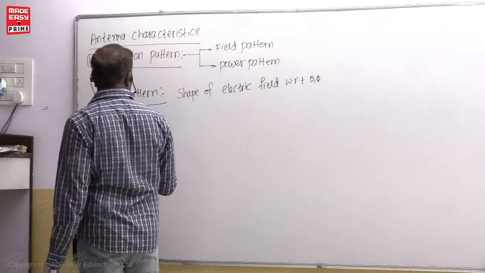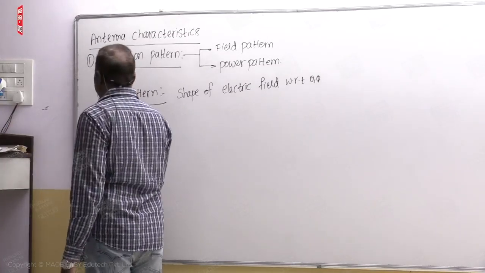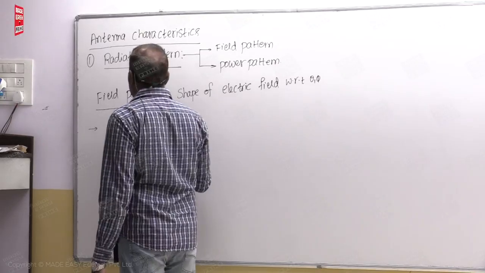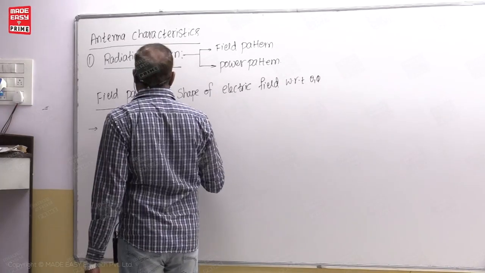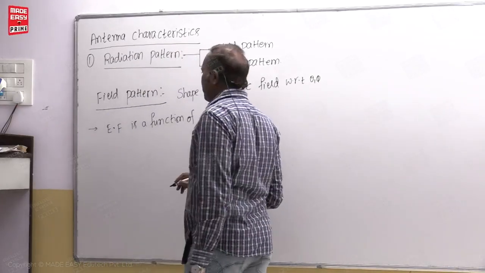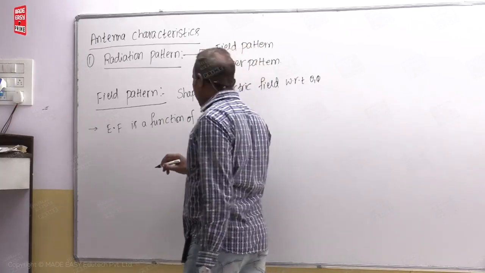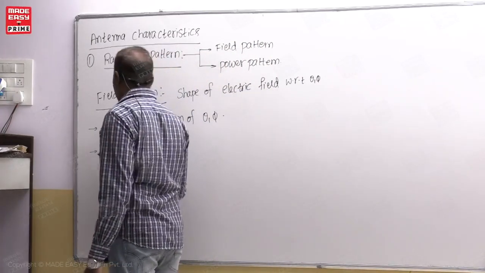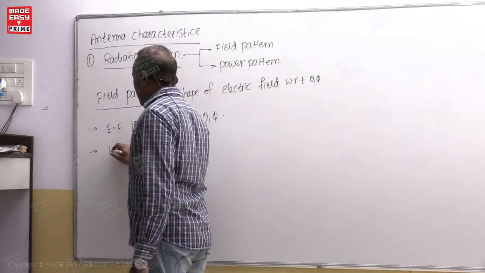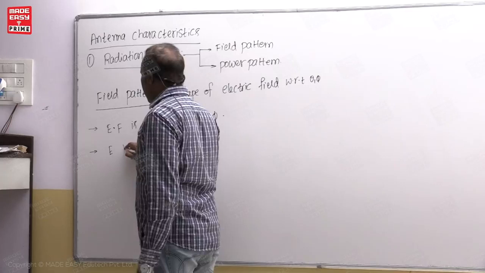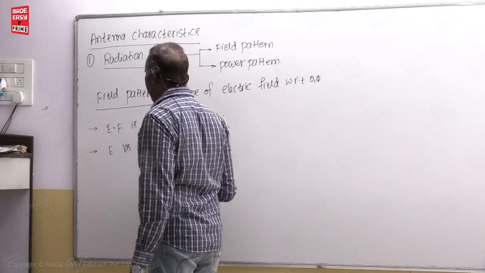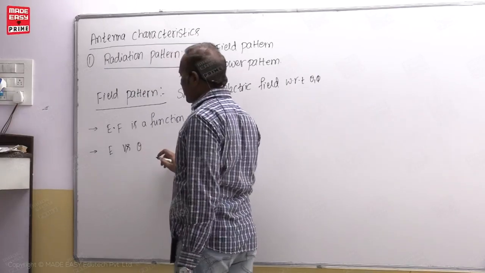So here electric field is a function of theta comma phi, right? Now electric field versus theta.